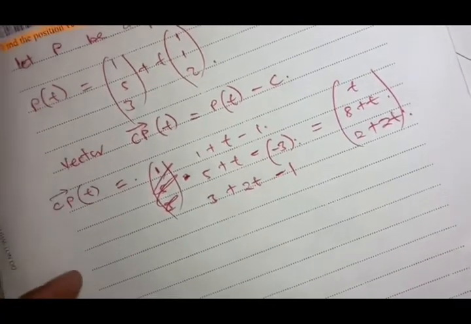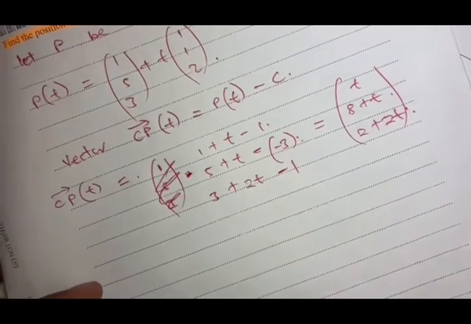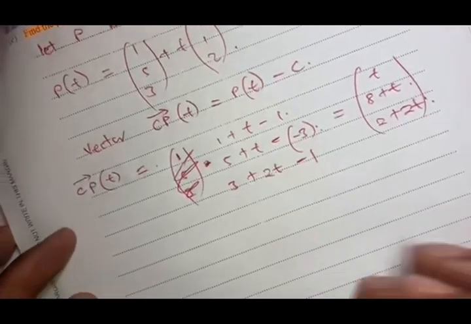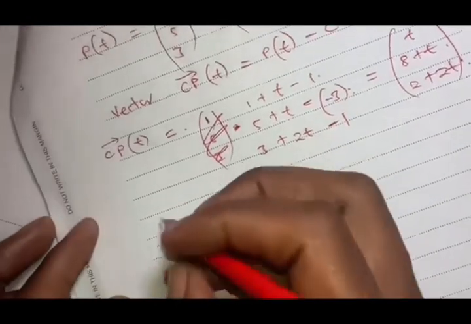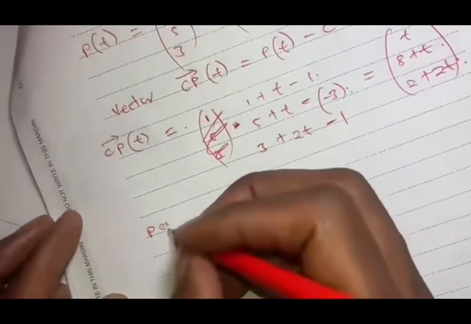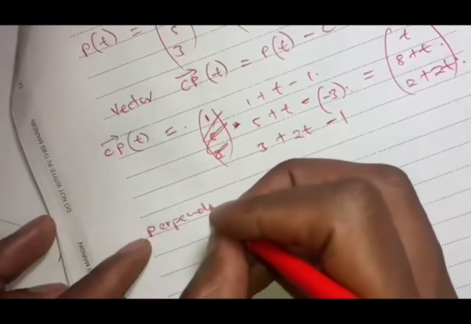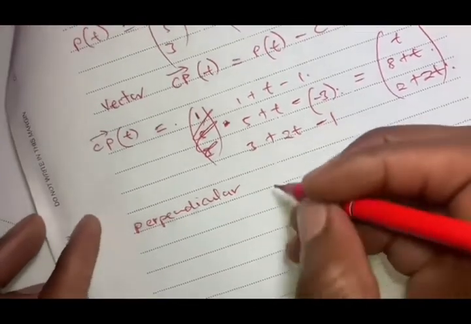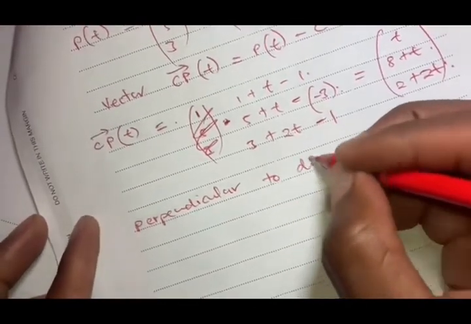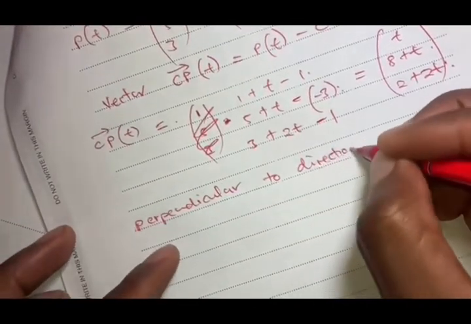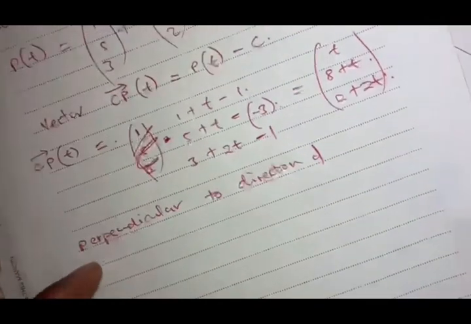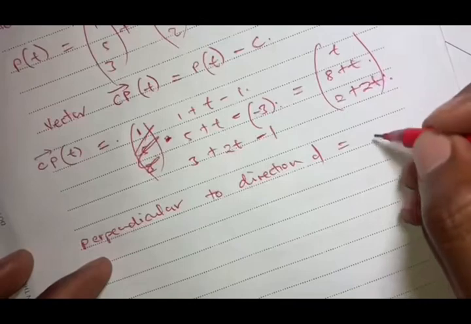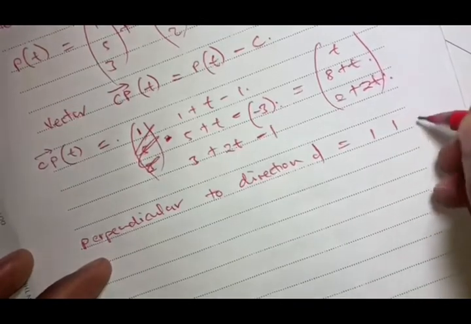Then the vector CP is perpendicular to the direction vector D, which is 1, 1, 2.